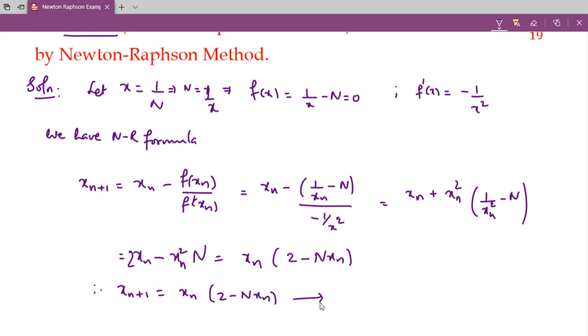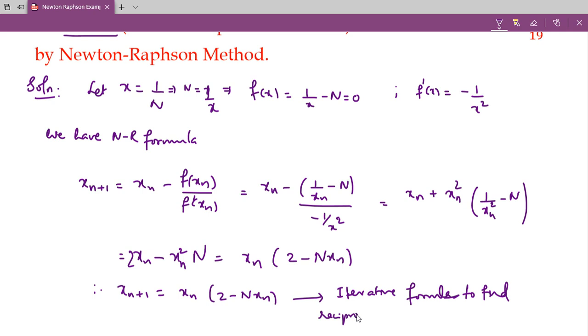So this is the iterative formula to find the reciprocal of a given number.